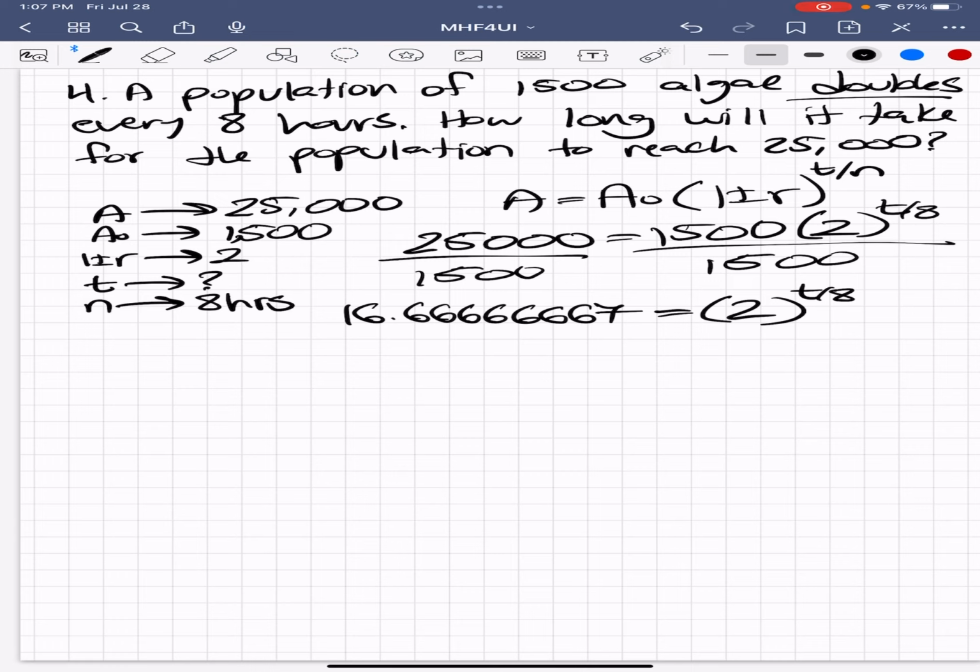So for our 25,000 divided by 1,500 is 16.666666667. There are seven sixes, and then 1 7. We are going to log both sides.